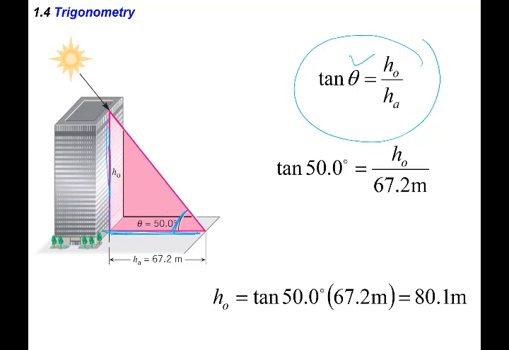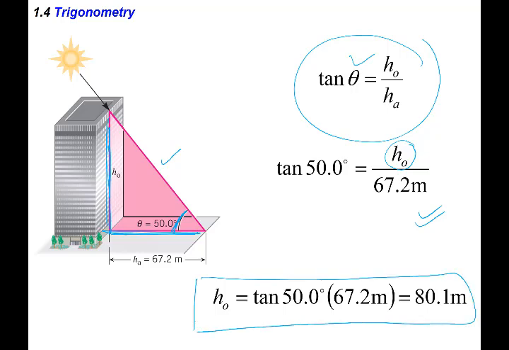So that's the beauty of trig. So tangent of 50 degrees, we know the base, that's the adjacent, and we can find the opposite, which is the height of the building. So there are many advantages to trig, and this is the simplest use of it, to find the height of the building.